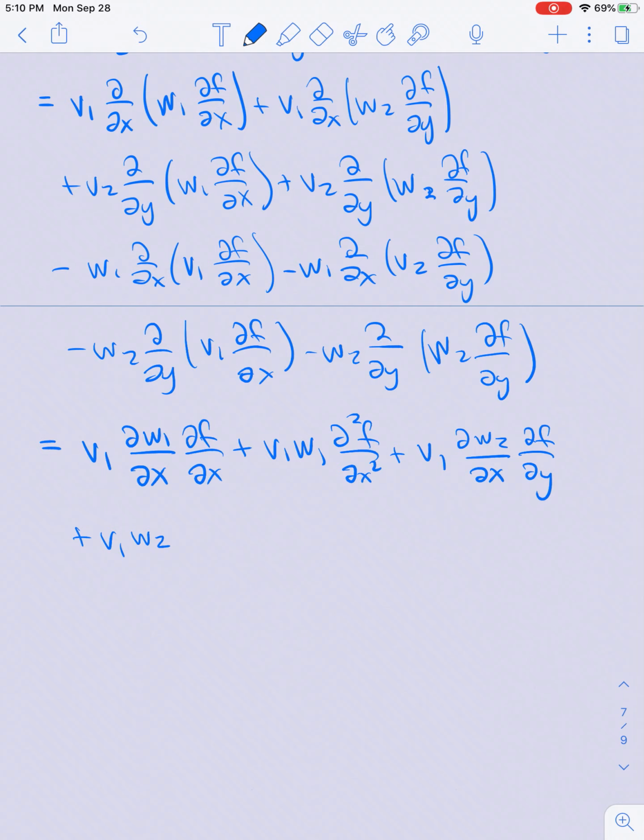So V1, W2, df, dy, dx. On the bottom, I'm doing the second derivative second. You can make your choices about what convention you want to use.